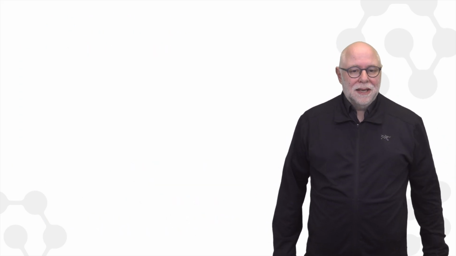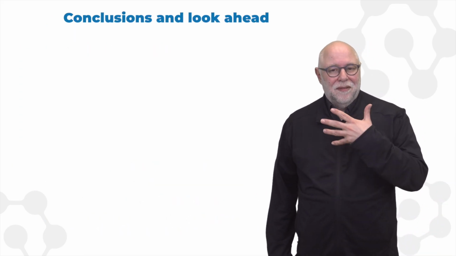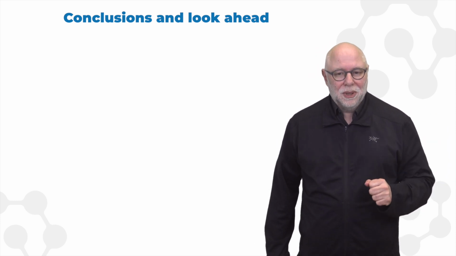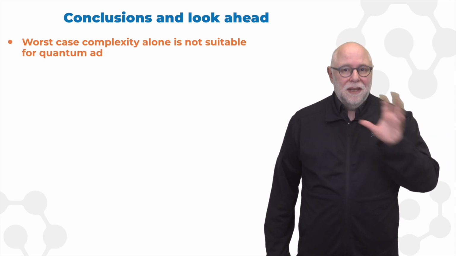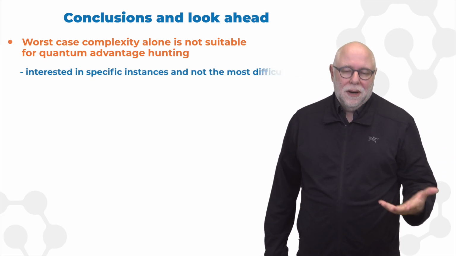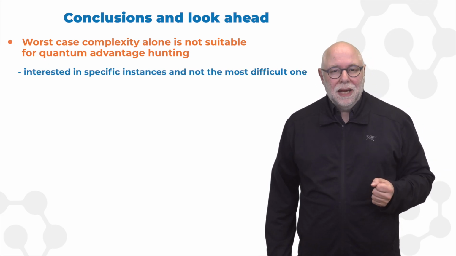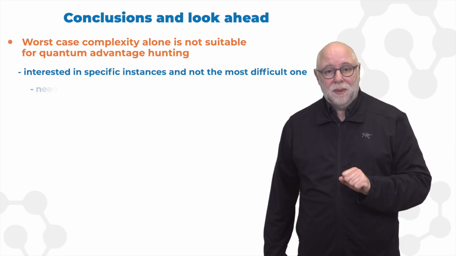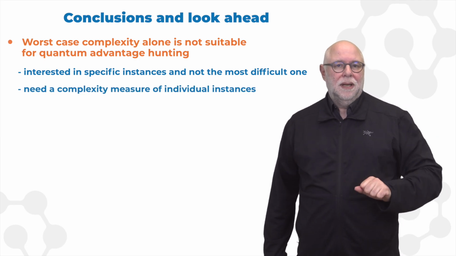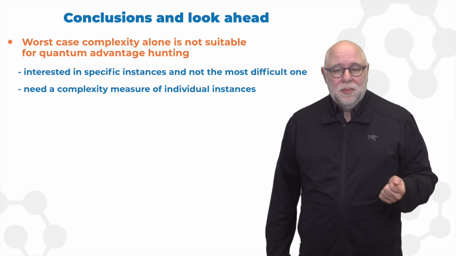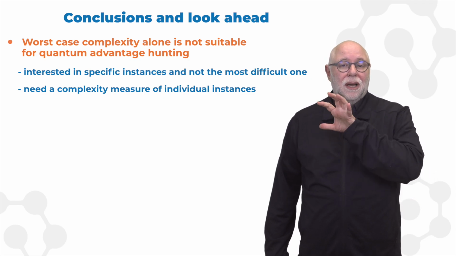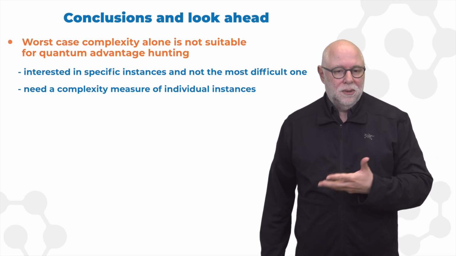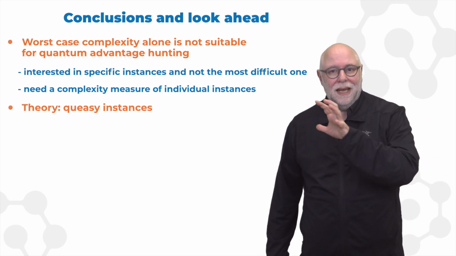So, summarizing, what we have seen is that figuring out whether a quantum computer is faster than a classical computer is really a deep and difficult question. In part it comes because we don't understand computation very well, and the other part comes from the fact that we have been analyzing these problems in a worst case fashion. Whereas I think it's very important that we start to look at these things now in a quantum heuristic way. To do that, I have discussed with you a new notion called Queasy instances.